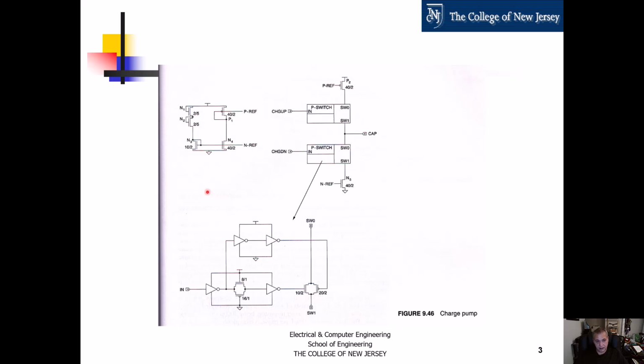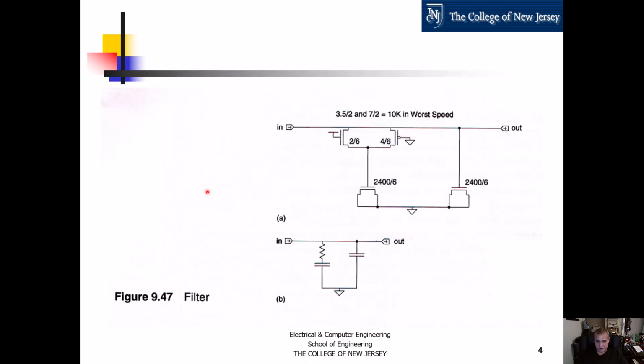Then next is the filter, or capacitive network. So here's an analog schematic of it. We have a series RC combination in parallel with another capacitor. But this is the actual implementation of it. So these two transistors implement the resistor.